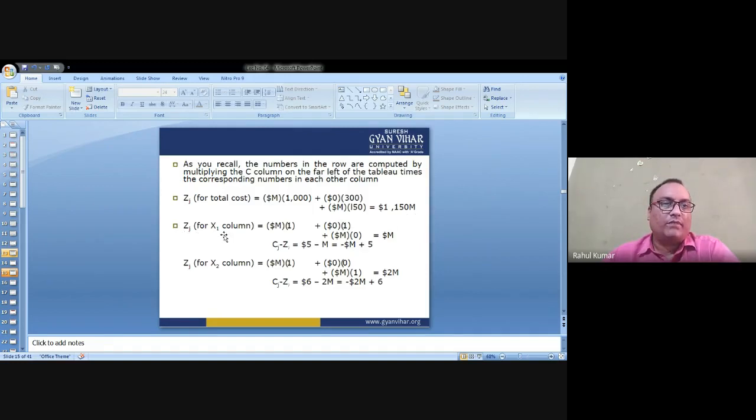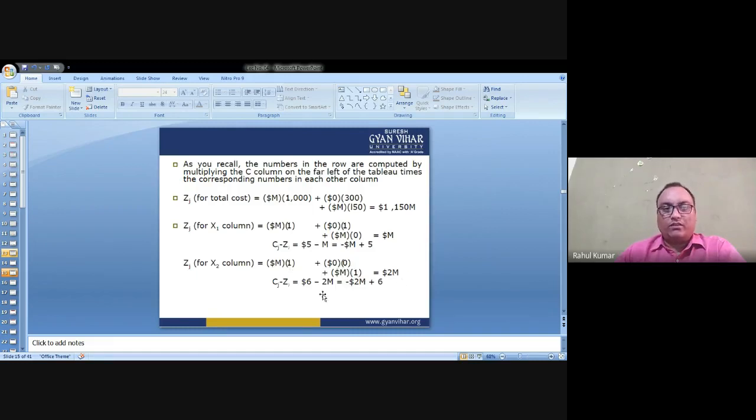For the Zj of the x1 column, this is M times 1, 0 times 1, and M times 0, which is $M also. Then Cj minus Zj is equal to $5 minus M, equal to minus M plus 5. Then Zj for the x2 column is M times 1, $0, and $M times 1.